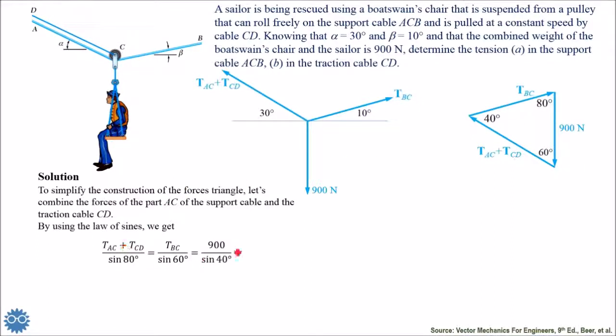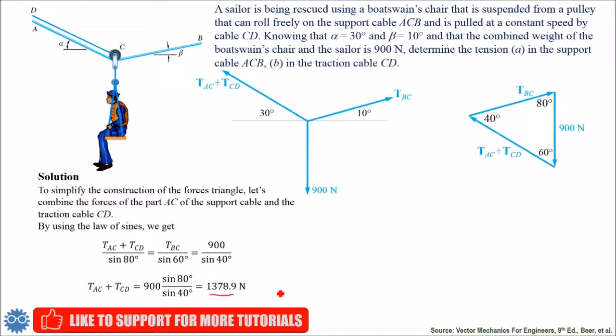Now we can simply find any pair of these. So TAC plus TCD is 900 multiplied by sine 80 over sine 40, which is equal to 1378.9 newtons.